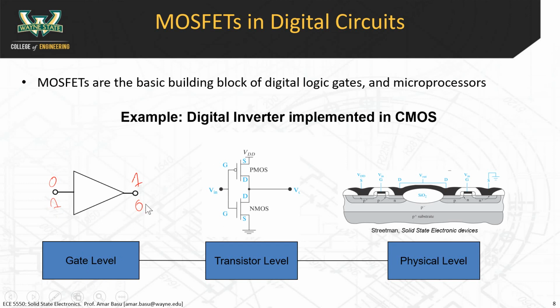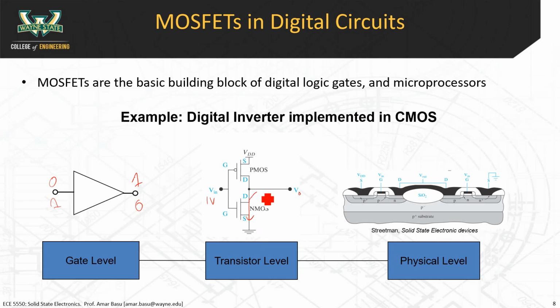If you look inside the gate, then you'll see that a gate is composed of two transistors, a PMOS transistor and an NMOS transistor, and it has an input here and an output here. The way it works is that if I supply a high input voltage here, let's say 1 volt, and let's say that 1 volt is greater than the threshold voltage, then this NMOS device turns on. So you can have current conducted between the output and ground.